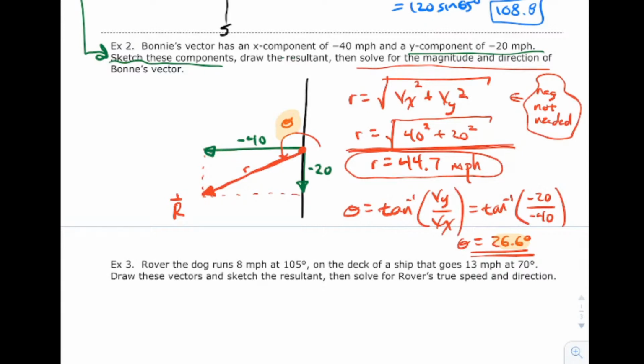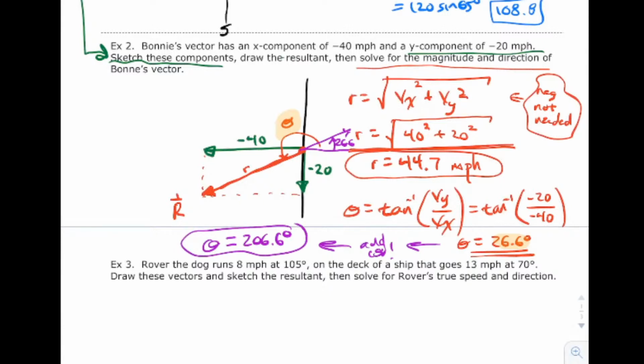This is exactly the wrong answer. It's saying 26.6 degrees, but that's not the way it's going. It's going exactly the other way, hence the add 180. So the angle is really 206.6 degrees. Theta is a 206.6 degree angle. Okay, so we've done an example going each way.